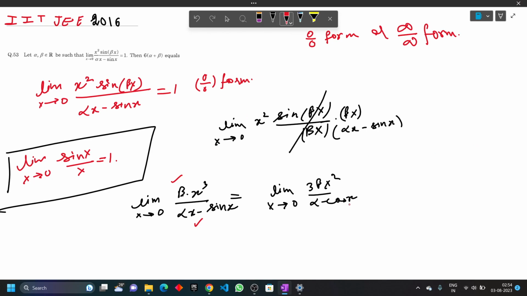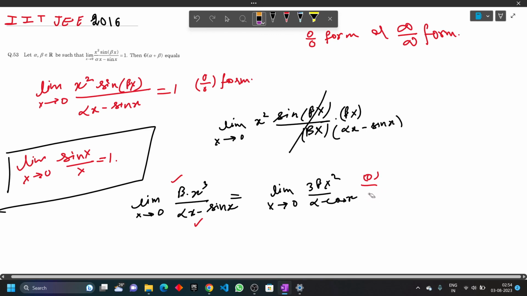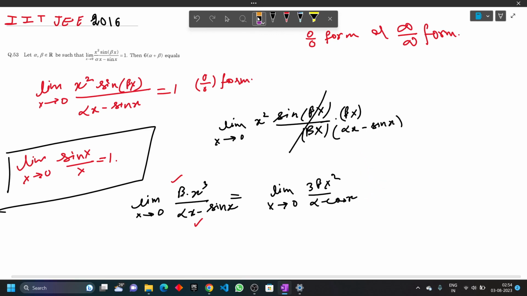So yeah, now if I put x equal to 0 again, the numerator will be 0 and the denominator will be alpha minus 1. Also, by basic definition of limit, if a limit exists, and the form is not indeterminate, it will be 0 upon something.